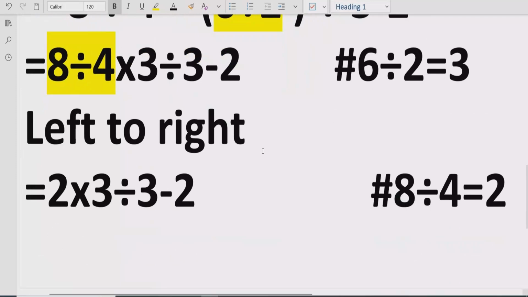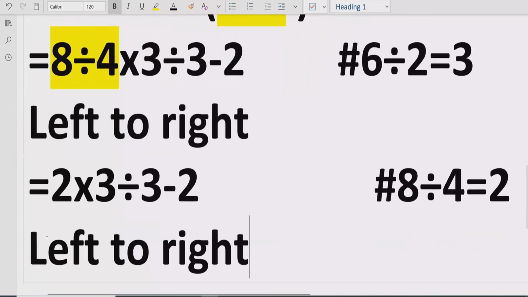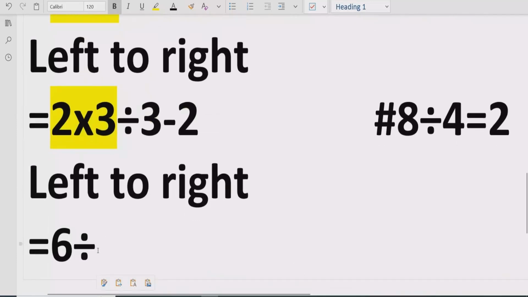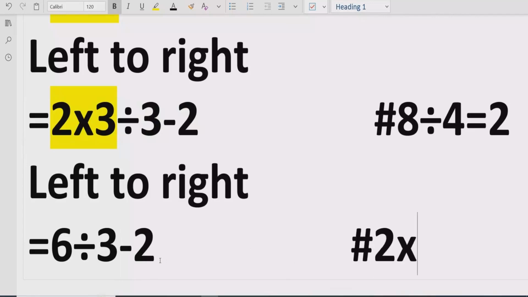Now we have to go again left to right and find which is coming first. So now we have 2 multiplied by 3 which equals 6, divided by 3, minus 2 again written as it is. And here we give the reference: 2 multiplied by 3 equals 6.